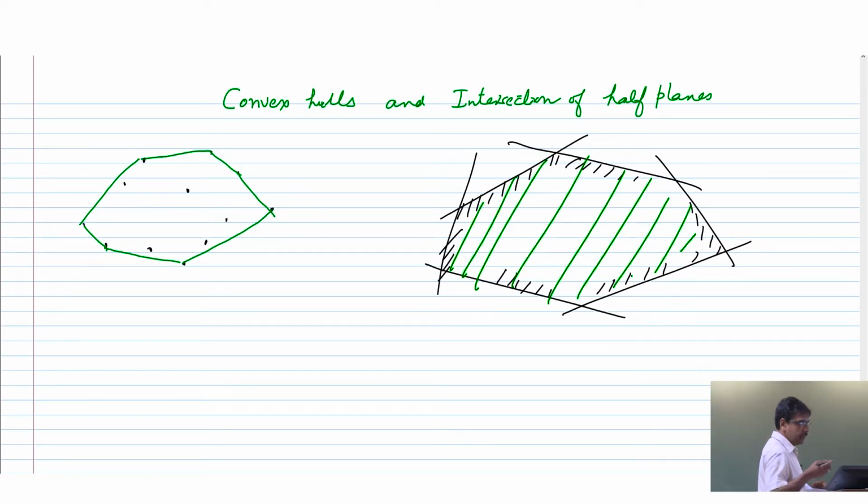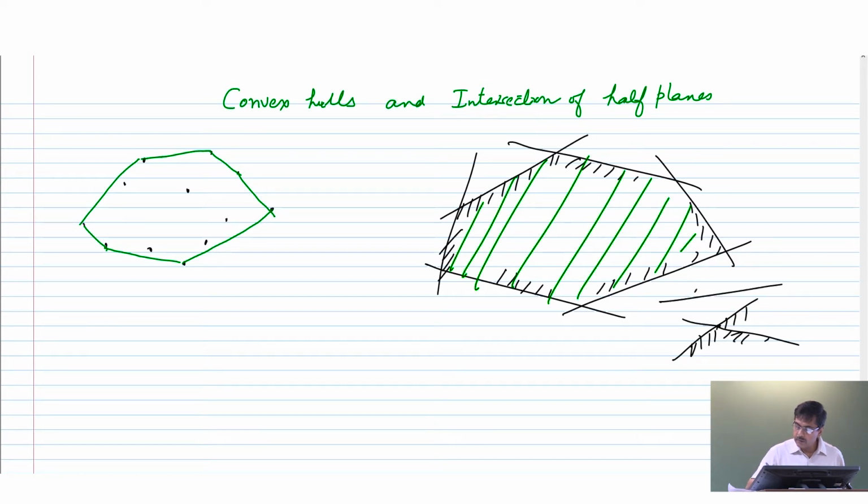I could have a situation like, so these are the half planes and maybe another half plane like this, and clearly, oh sorry, this is not that clear. And I have maybe another half plane like this.